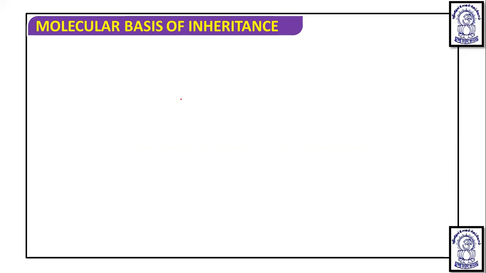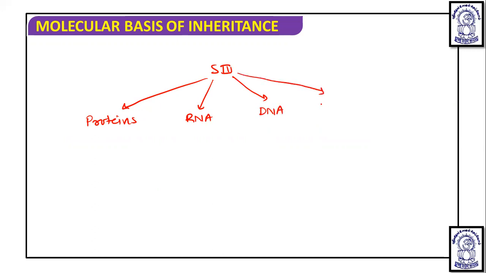So here, from S3 bacteria, they separated proteins, RNA, and DNA, and they inserted these from the S3 into test tubes containing R2 bacteria.